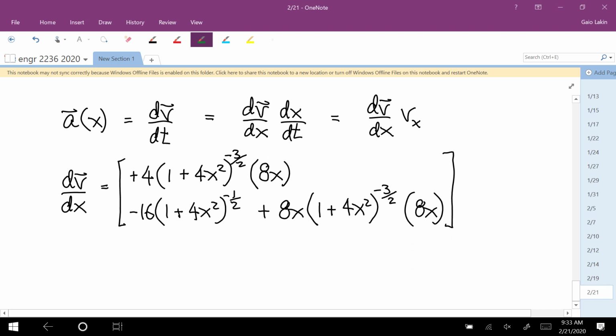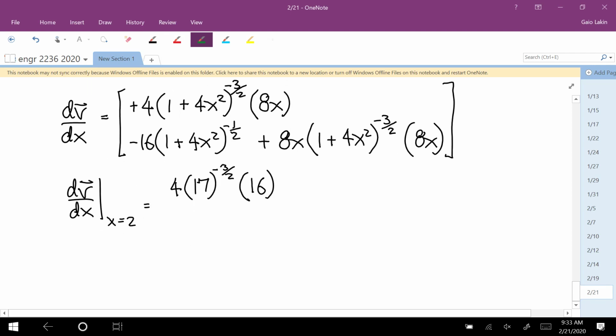And so now we can evaluate this at x equals 2. So 16, 17, so we have 4 times 17 to the negative 3 halves power times 16.